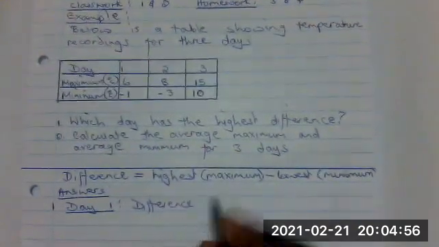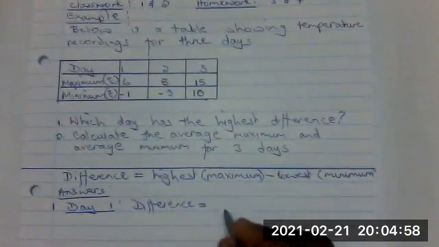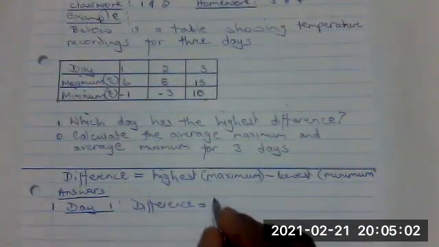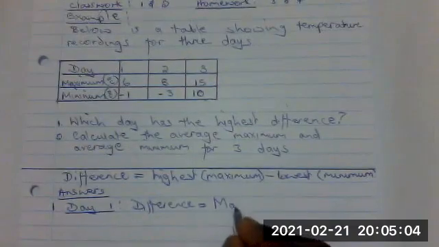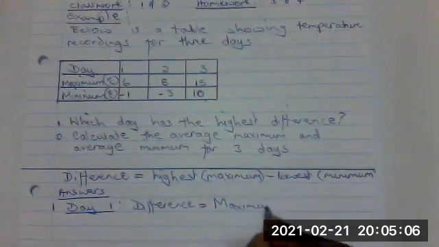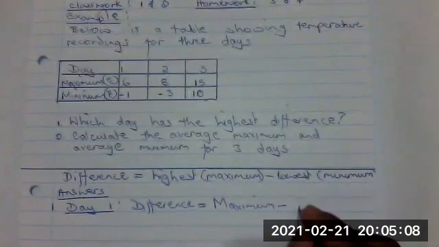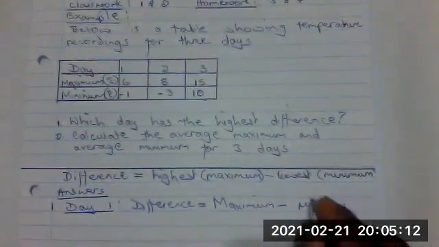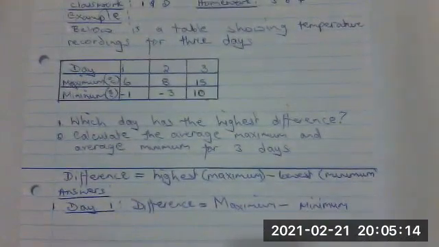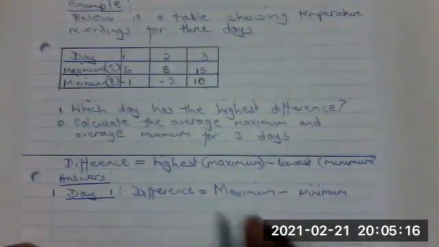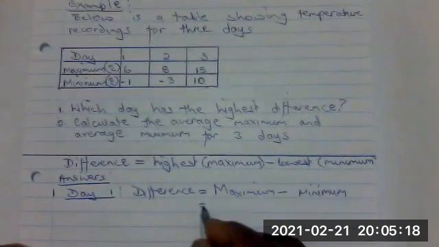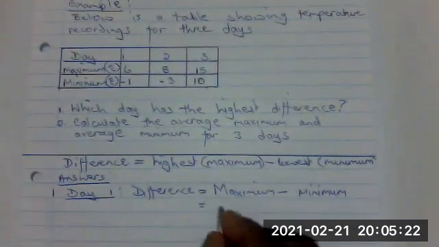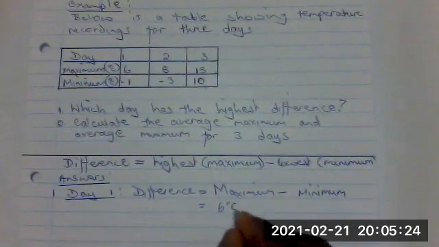Remember, by definition, the difference is the maximum minus minimum, according to our table. When I substitute, the highest for day 1 is 6 degrees Celsius.